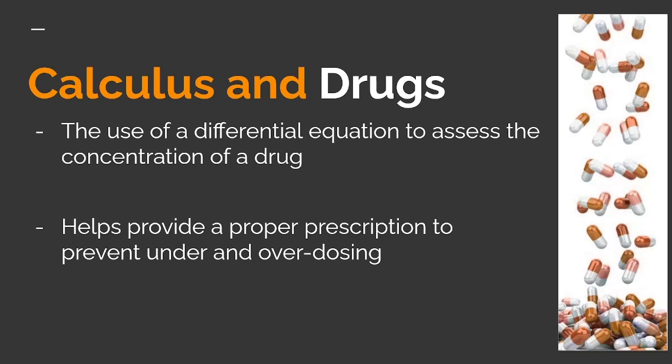Keep in mind, a differential equation is an equation that relates functions and their derivatives, with the functions usually representing a physical quantity and the derivatives representing their rate of change. Thus, when using a differential equation for pharmacokinetics, it will describe the relationship between physical quantities of a prescribed drug and the rate at which they change. All this allows a proper prescription to be made to prevent under or overdosing.